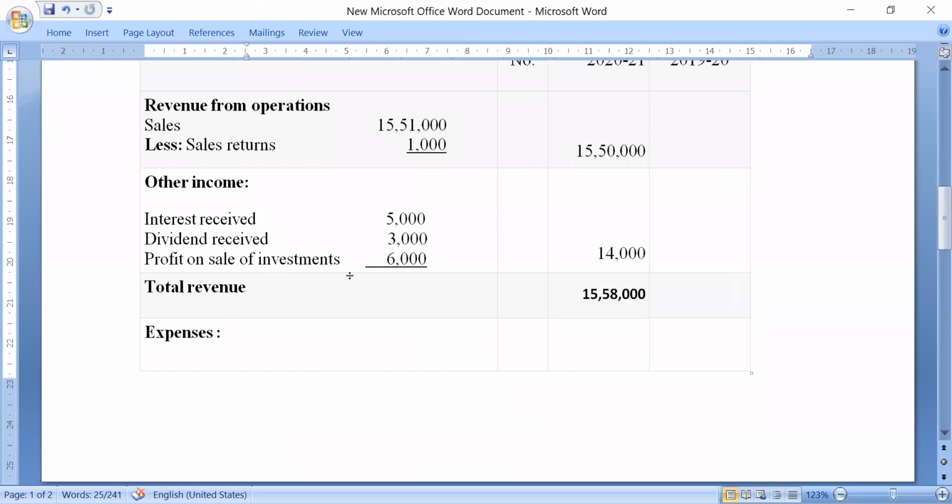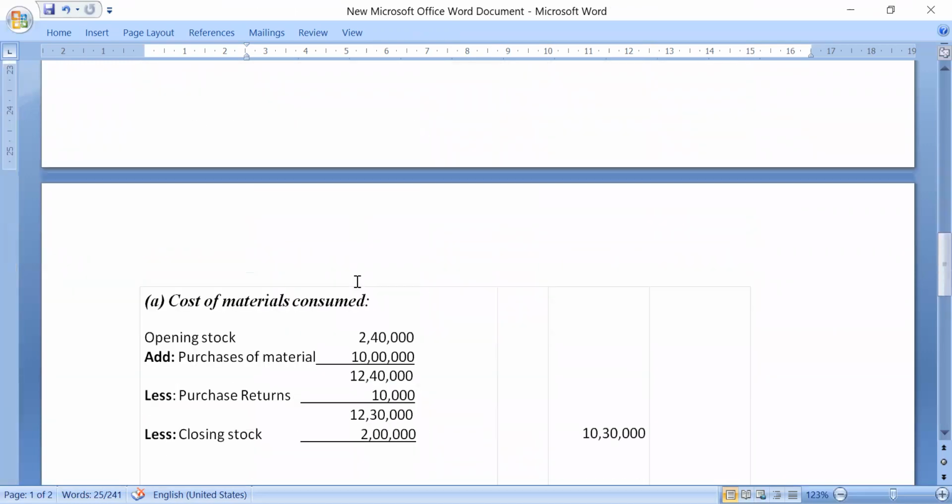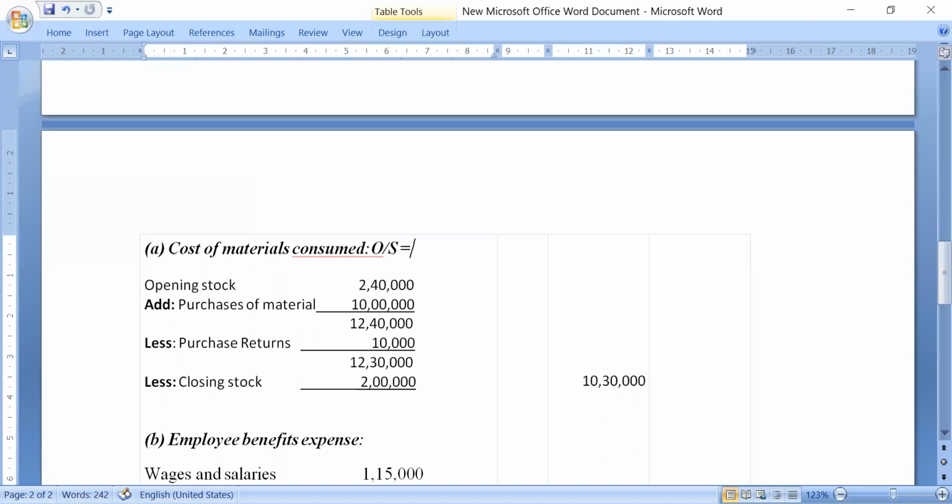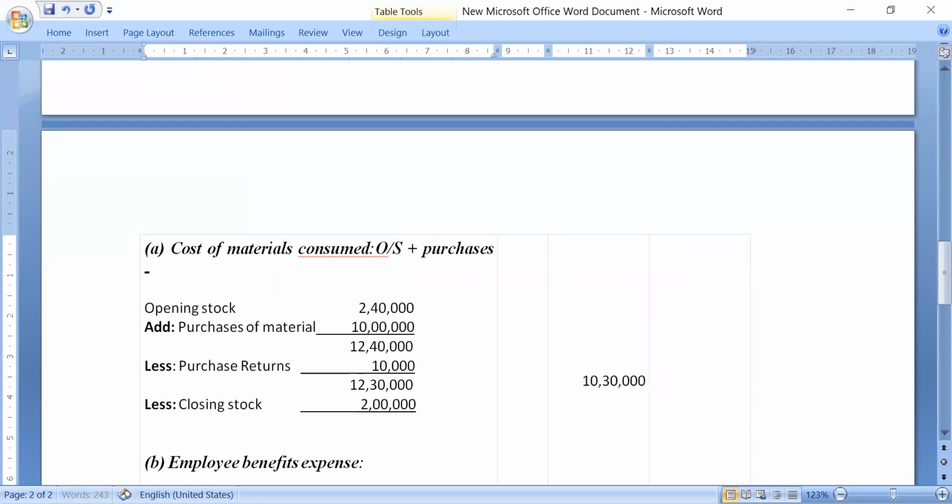For cost of material consumed in the expenses, cost of material consumed is equal to opening stock plus purchases. That purchases will be net purchases. That means if there is any purchase return, we will deduct it. So, opening stock plus purchases minus closing stock.